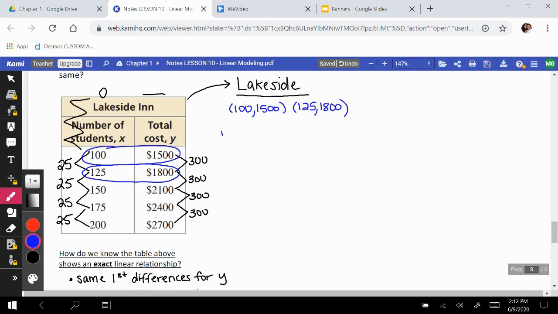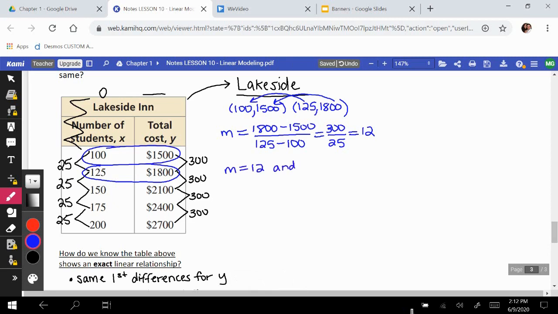All right, let's first find the slope. The slope, we'd have y2 minus y1, so I'll have 1800 minus 1500 over x2 minus x1. We get 125 minus 100. Okay, the difference in the numerator is going to be 300, and the difference in the denominator is going to be 25. And if we reduce that, that reduces to 12. So my slope is 12. I'm going to use a slope of 12, and I can just pick one of the points to use.